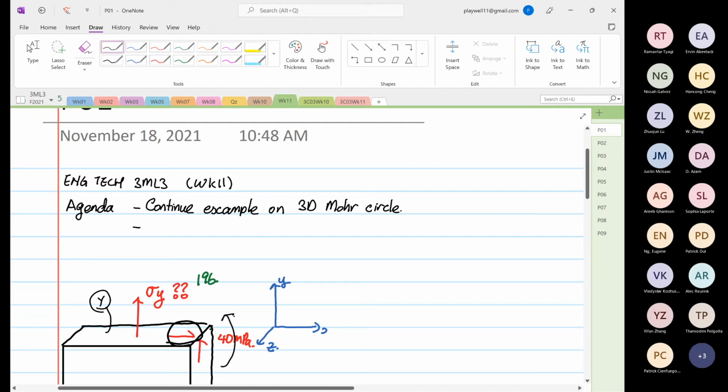We're going to start, it's not necessarily a new topic, it's an integration of different topics into one, which is combined loading analysis and principal stresses.